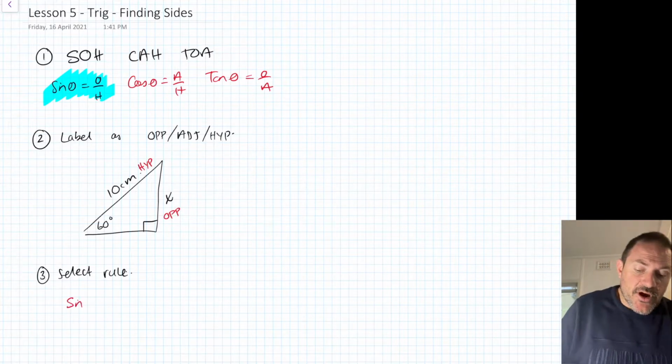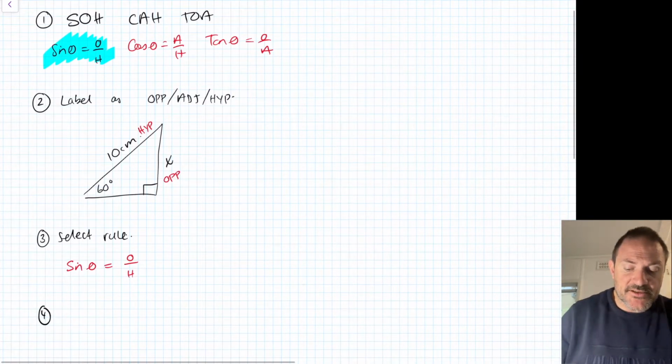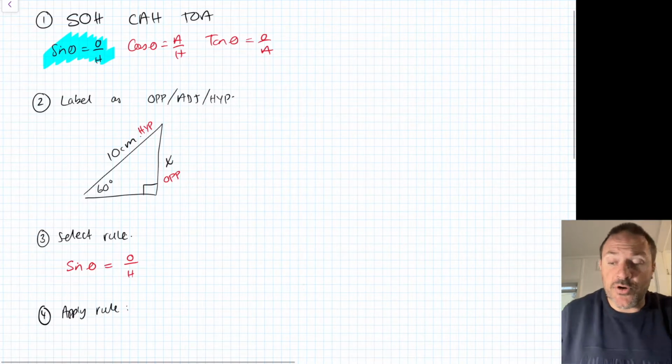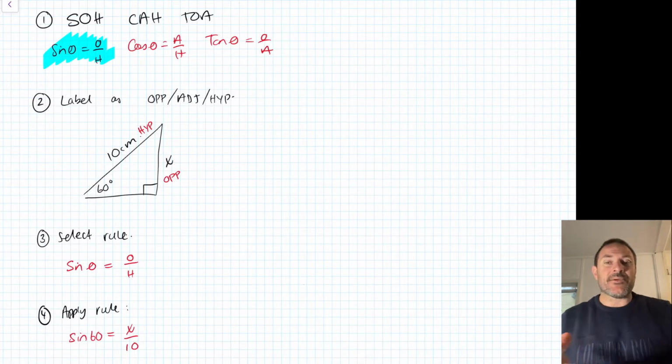So I'd say sine theta equals opposite over hypotenuse. And the last thing I asked you to do from last lesson was to apply the rule. I didn't ask you to solve it, but apply it. So in this case, sine 60 equals my opposite over my hypotenuse. That's the part that we went through last lesson.